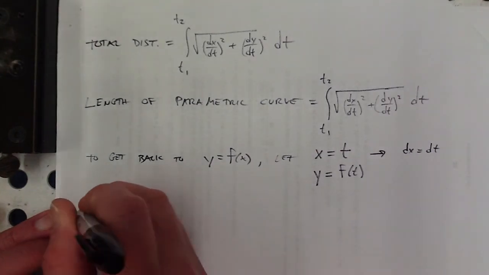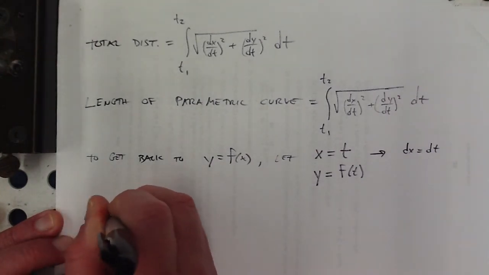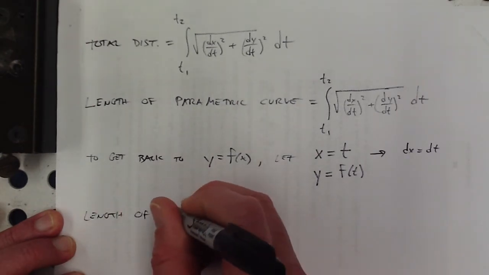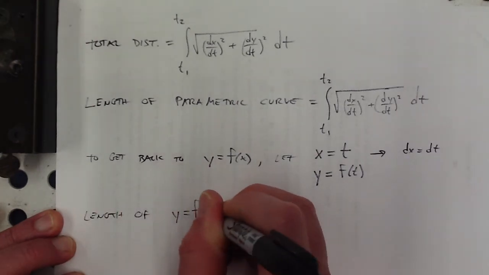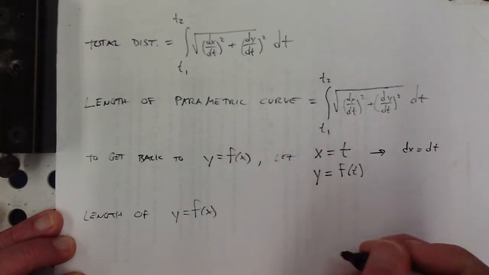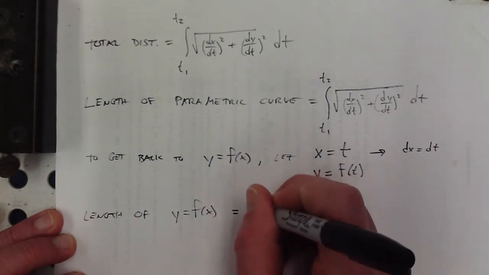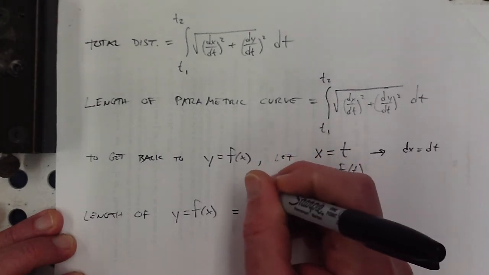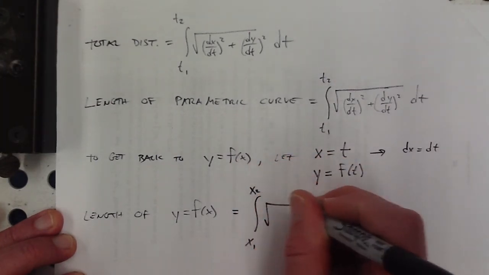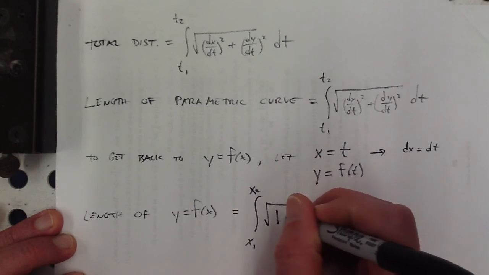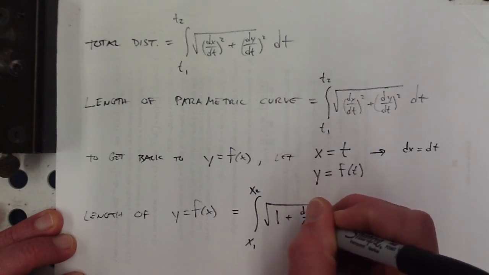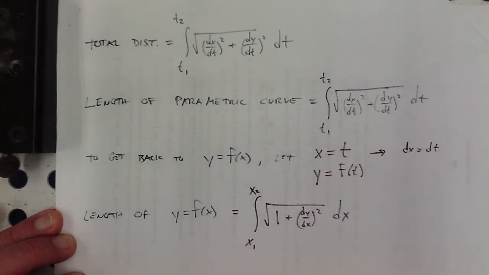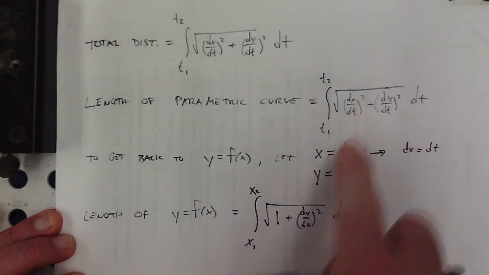So the length of function y equals f of x is equal to the integral from x1 to x2 of the square root of 1 plus dy dx squared. So that comes straight from this.